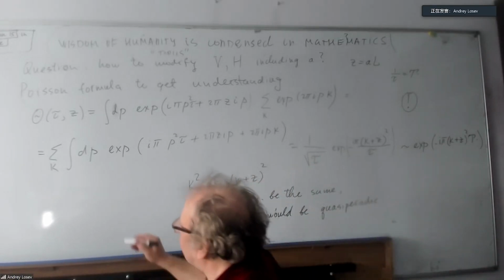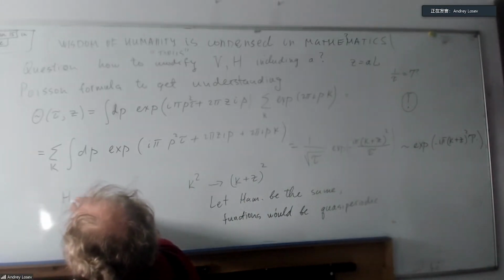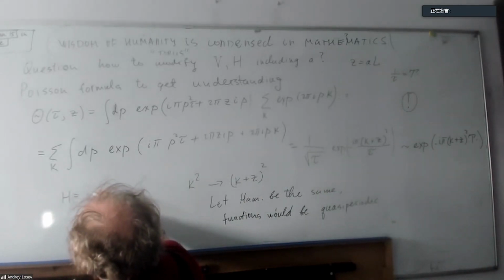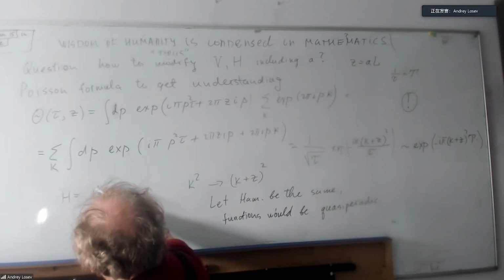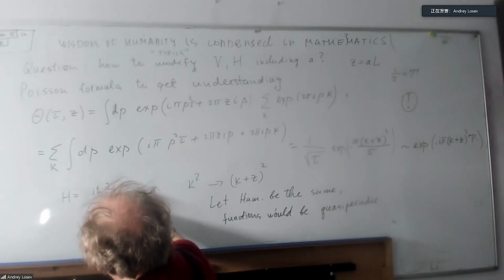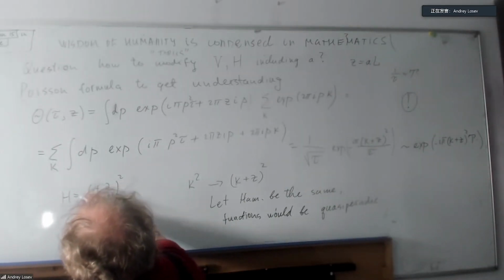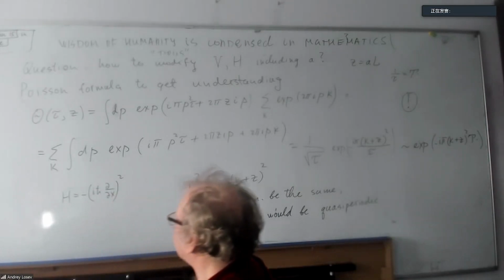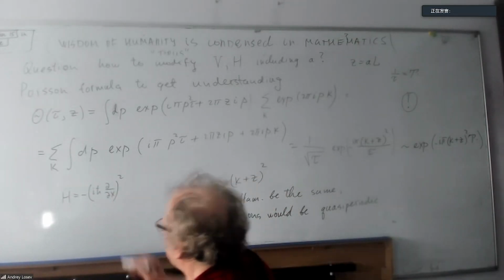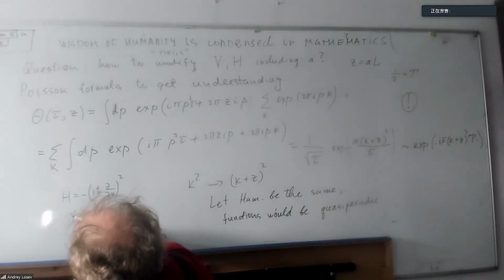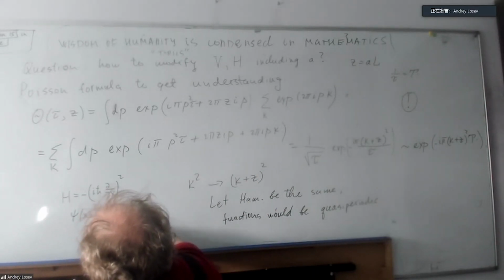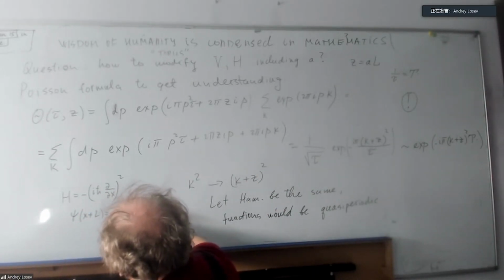So what does it mean? The Hamiltonian is still minus i h d over dx squared. However, psi of x plus L would now be quasi-periodic.